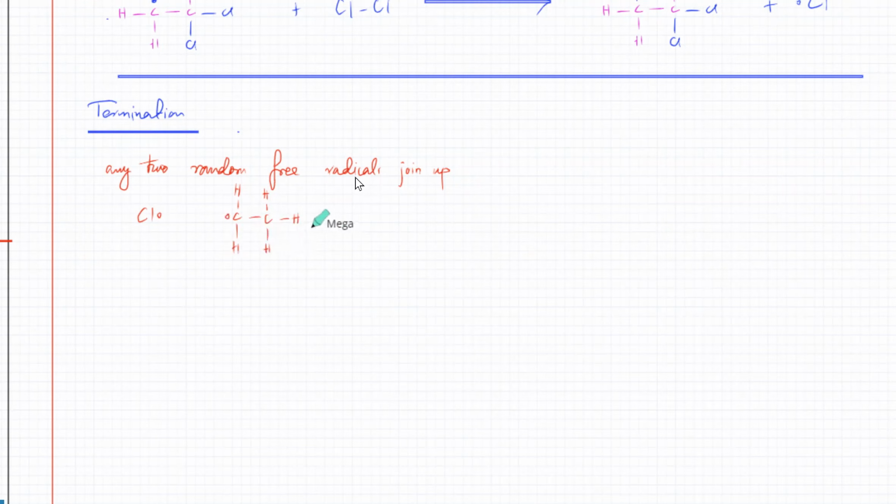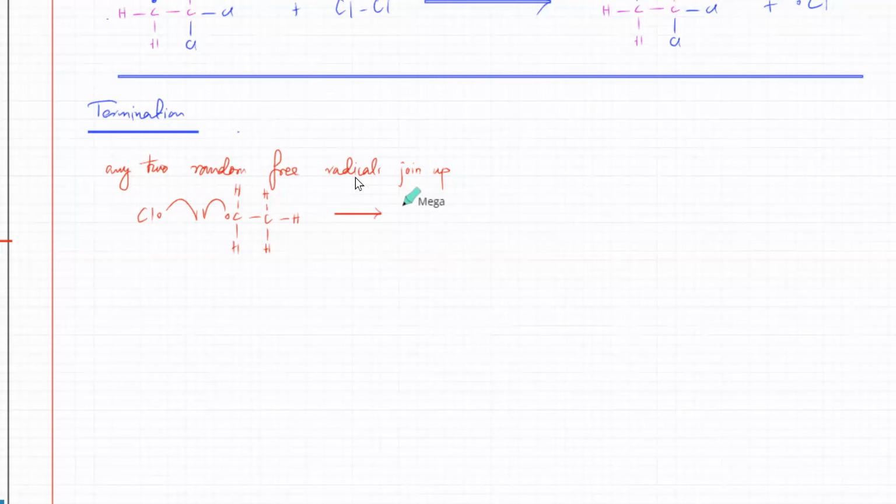Both of them are looking for atoms to pair up with. So why don't they just make bonds with each other, instead of stealing atoms from other molecules which are already stable? So that's another option. That's the termination step.